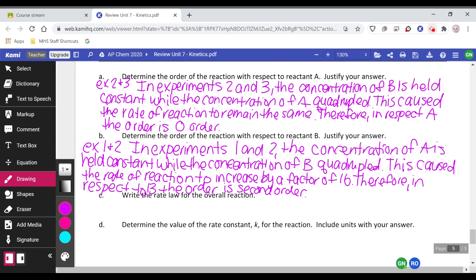Yeah. Well, for A, you said we can estimate the rate of reaction from 16. For 1 and 2, I took the larger of the two numbers, which is the 1.08 times 10 to the negative 2. I divided it by 6.67 times 10 to the negative 4.